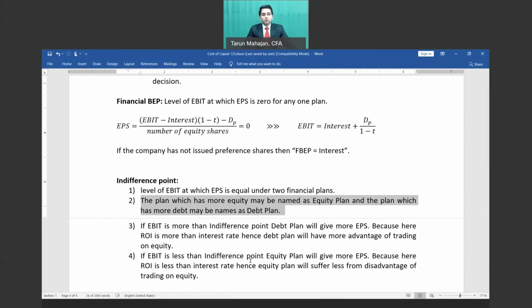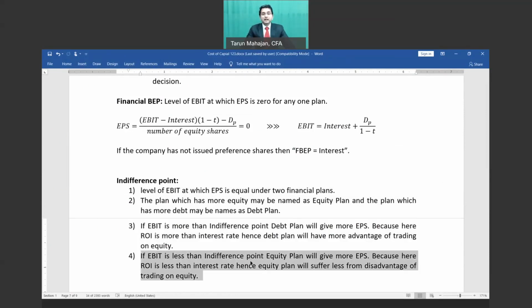The plan which has more equity may be named as equity plan, and the plan which has more debt may be named as debt plan. If EBIT is more than the indifference point, it means your ROI is more than interest rate, then you will be getting advantage of trading on equity. In that case, the debt plan will have higher EPS.